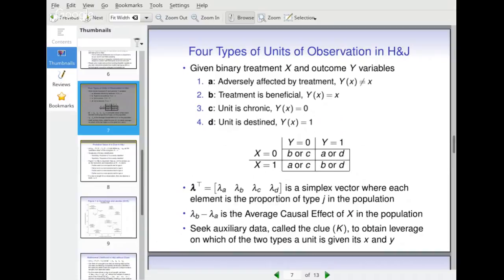So in that sense, it's a very ambitious yet reasonably straightforward way to do research, particularly in the social sciences, particularly political science.